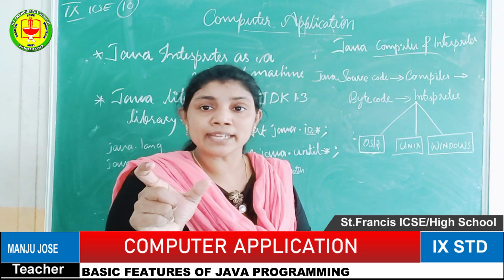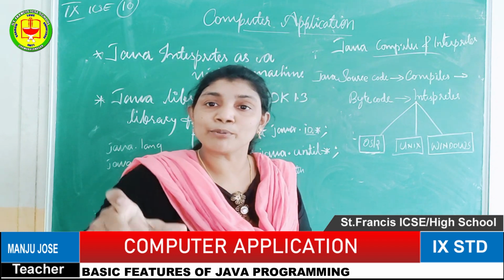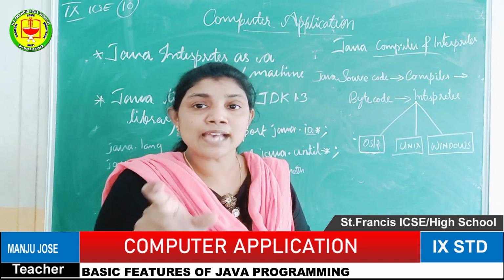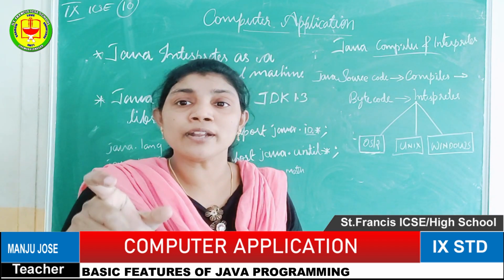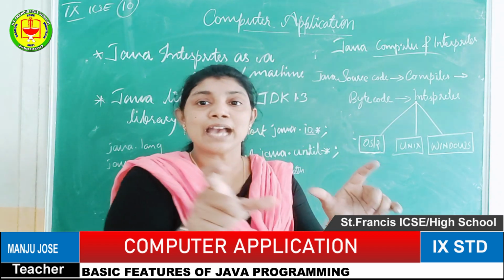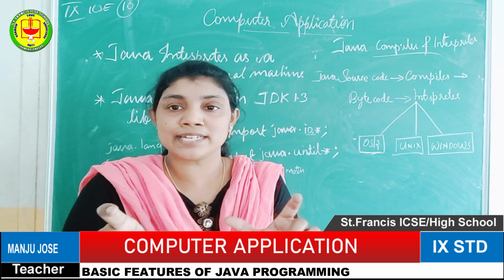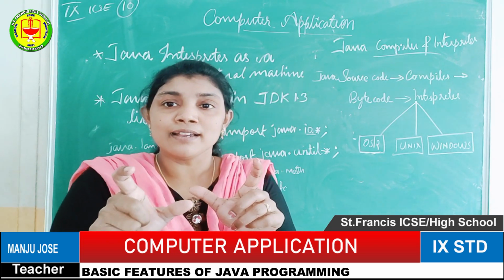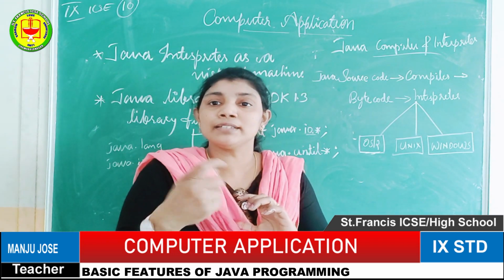While doing the converting process, if the given statement has any mistakes, that is reported to the user: this particular statement has a mistake, you should correct it. If you do not correct it, the compiler is unable to convert the program.